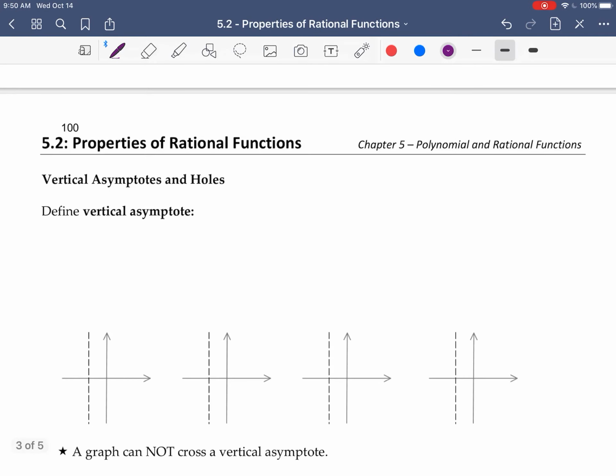Okay, now let's start talking. How do we know when there's a vertical asymptote or a hole? We haven't even seen a hole yet.